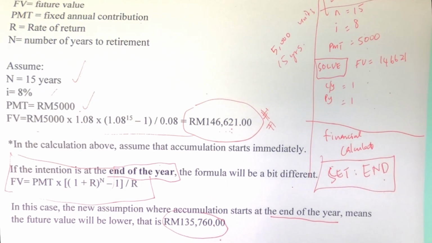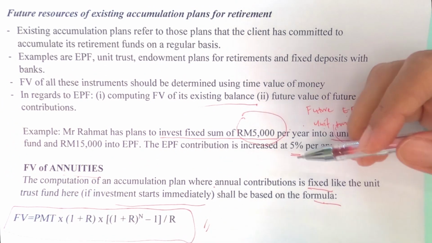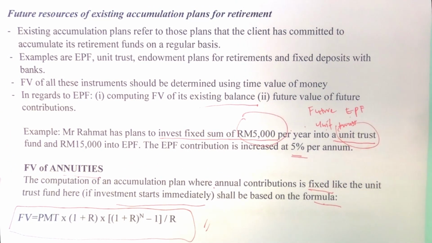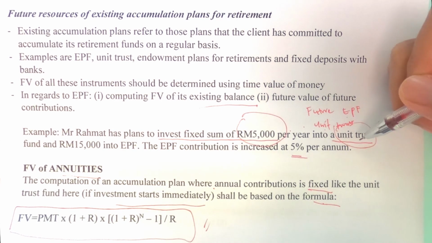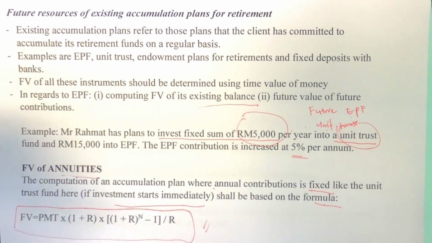Alright, so just now we already discussed the FV of annuities with fixed contributions, like unit trust, where every year the payment made will be 5,000.